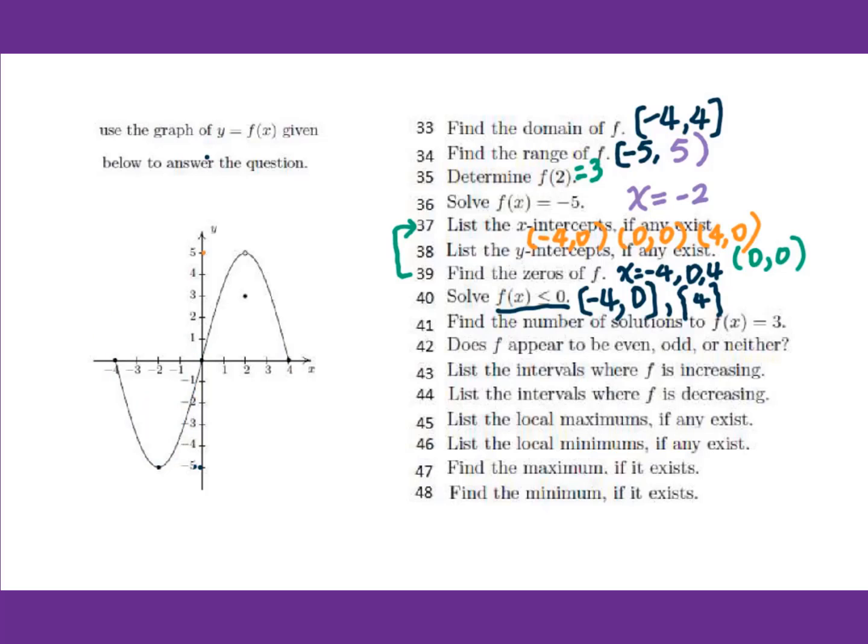For number 41, find the number of solutions to f of x equals 3. So find the 3, you draw the horizontal line. It intersects the graph at 3 points. So we have 3 solutions to f of x equals 3.